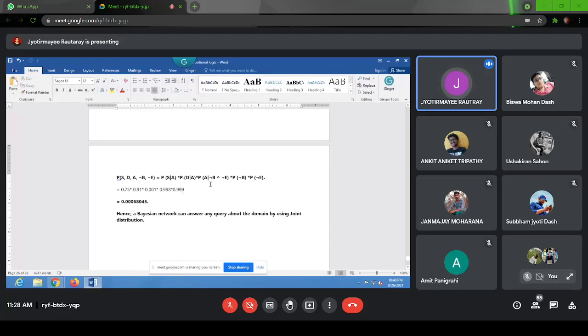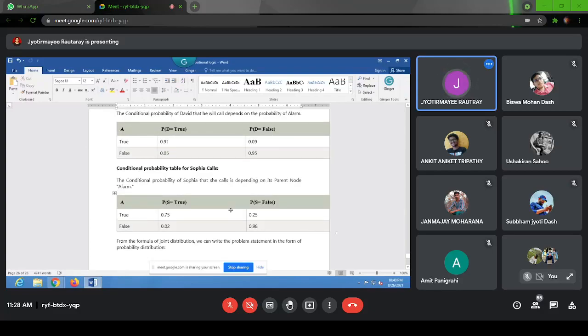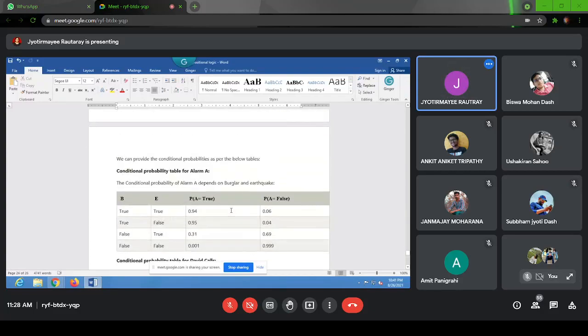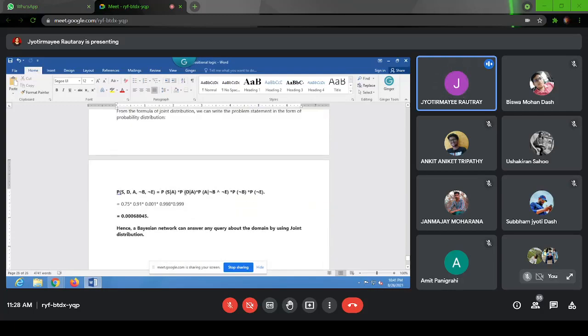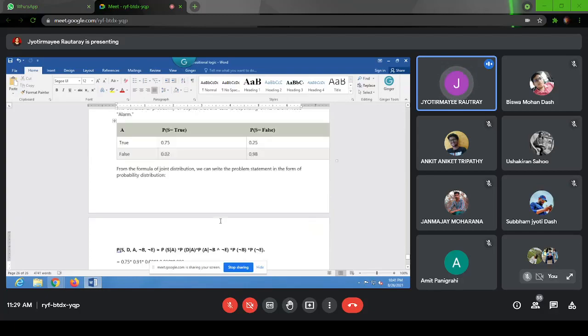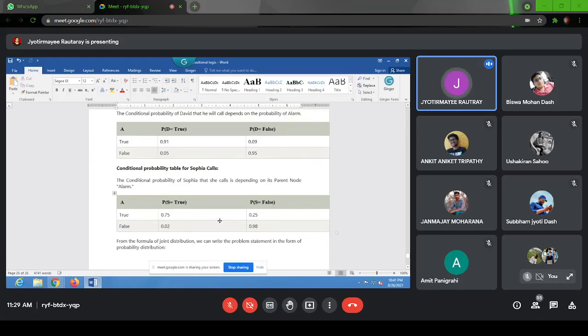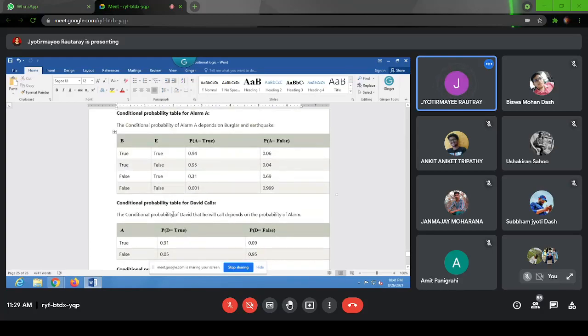Okay, so the probability of A given negation of B and negation of E. In that case, where you have negation of B, in this case and in this case negation of B, what was the probability? 0.001.